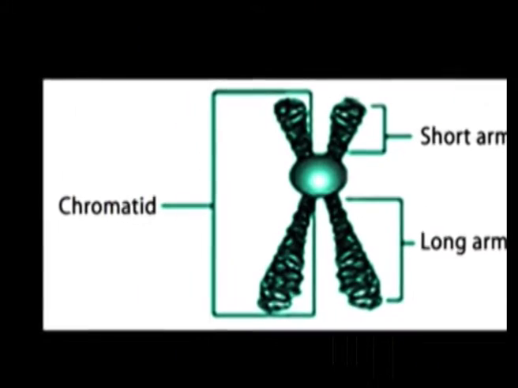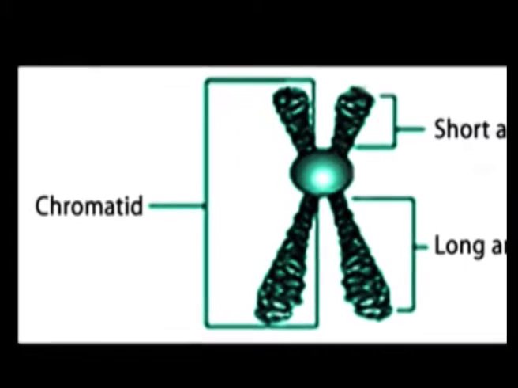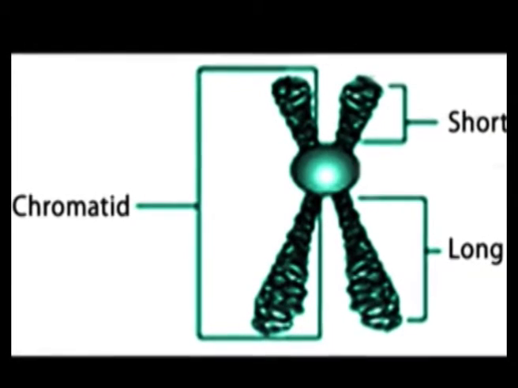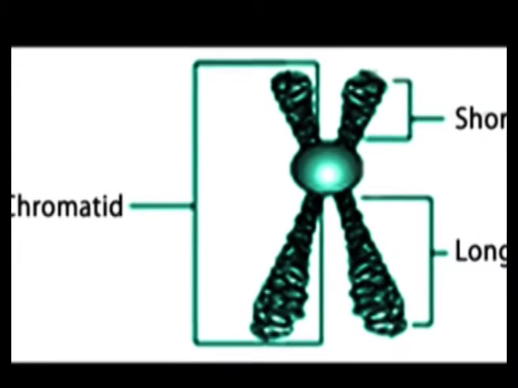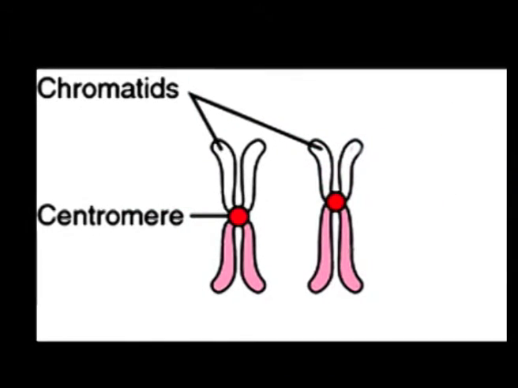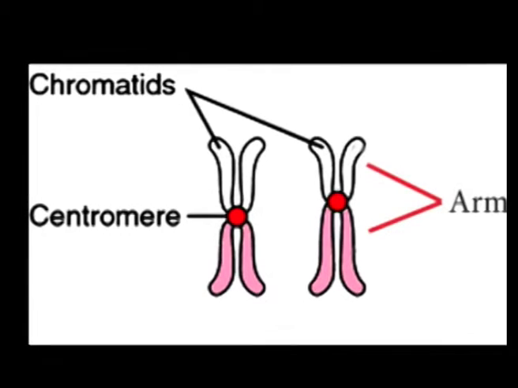That means two arms, double-stranded DNA, and protein. And these two double strands are bound together at the primary constriction, which is called a centromere. Therefore, a centromere usually divides the chromosome into two arms.